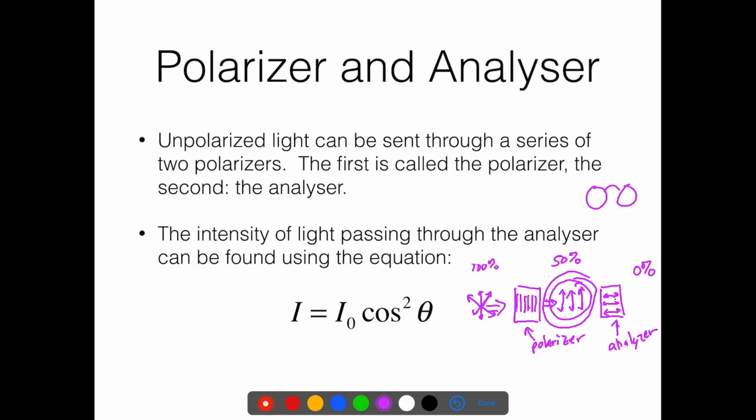If you had two pairs of sunglasses, and you were to take one of those pairs and hold it sideways, so you turned it like this, you have one that is now horizontal, the purple one, and one that's vertical, the green one.